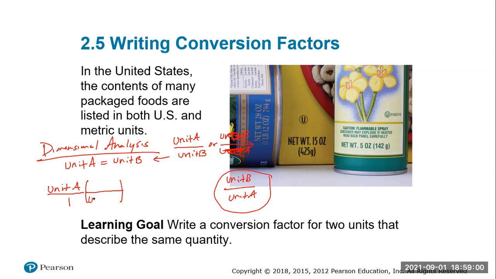To get rid of it, I need to put it on the bottom, and the unit I want goes on top. Mathematically, we take unit A times unit B divided by unit A. Unit A on top and unit A on the bottom cancel, like 2 divided by 2, and the only unit left is unit B. This is dimensional analysis, using conversion factors to convert from one unit to the next.